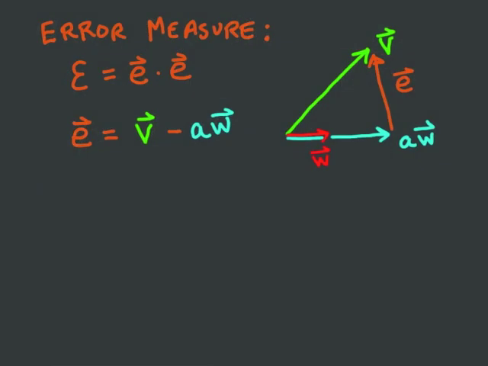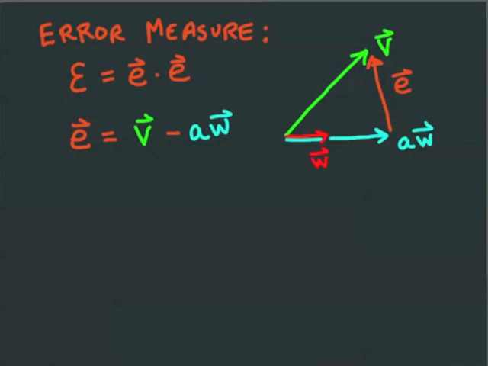So how do we find that best value of a? Well, first we'll have to express the error measure, epsilon, in terms of a. So I'll write vector e is v minus a times w. And then I'll find the error. So let's do this bit of vector algebra.